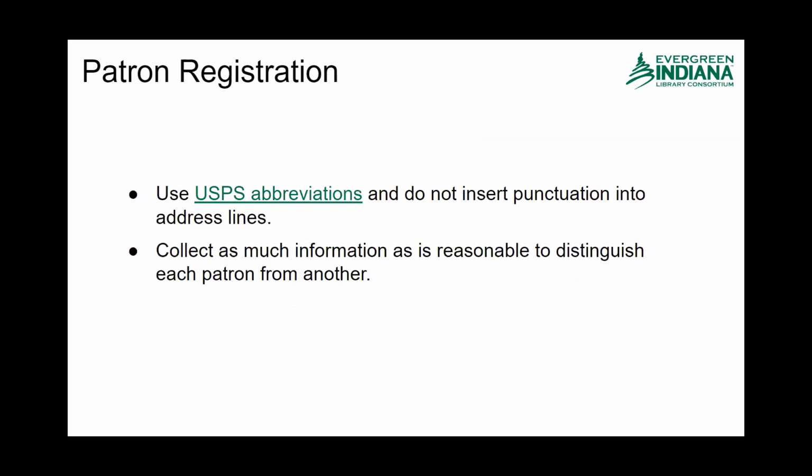Another thing to keep in mind is to collect as much information as is reasonable to distinguish each patron from another. Keep in mind we have 125-ish libraries right now, and more coming online in the future.